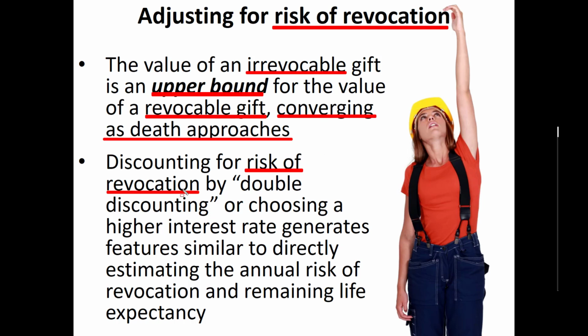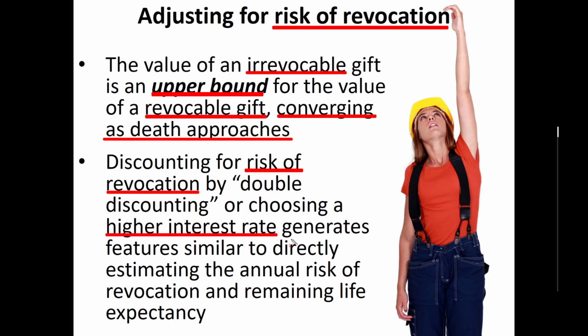So there are a couple of different strategies to do this. One is a strategy that we'll look at called double discounting, where we value the reduction based upon it being an irrevocable gift, and then we do that reduction twice, or we generate a higher interest rate for valuing our irrevocable gift.